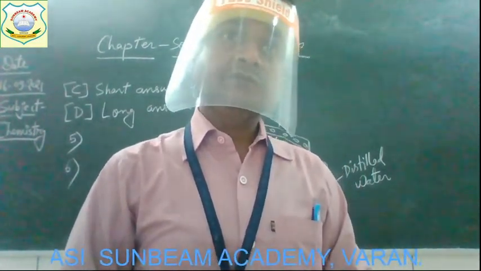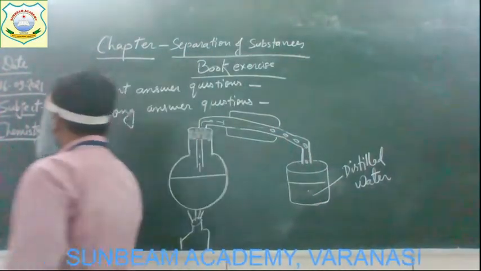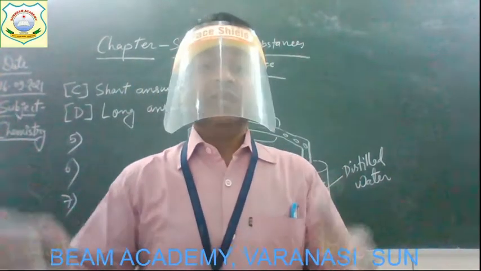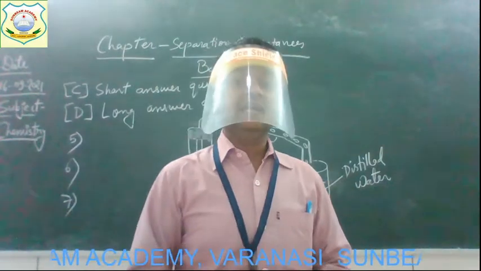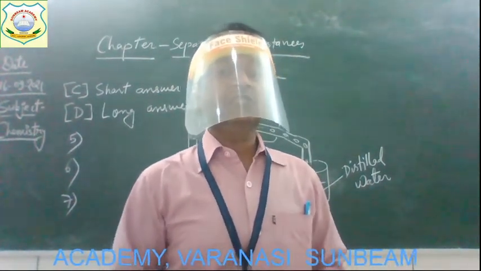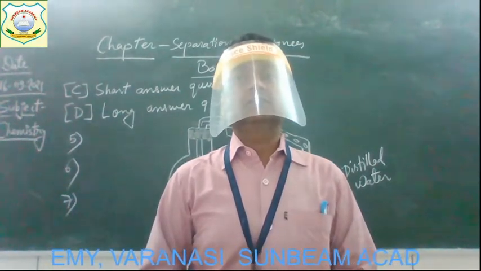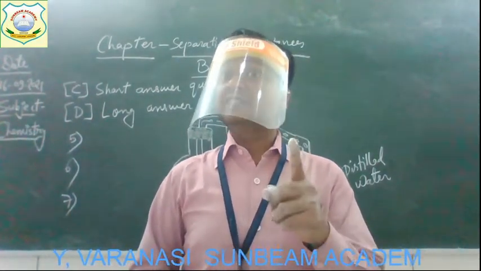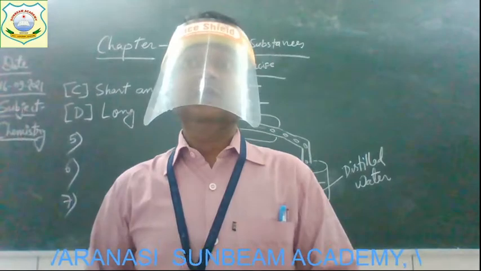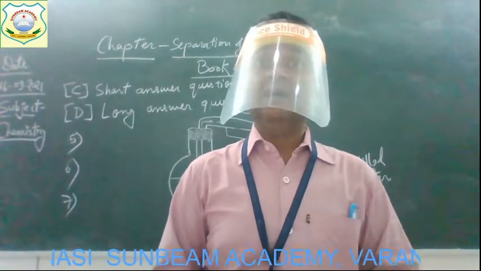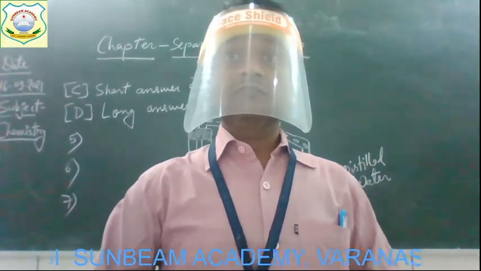Now, question number 7. Explain with the help of a diagram how a mixture of oil and water can be separated. We have discussed it with the help of a diagram. How can we separate the mixture of oil and water? Remember?